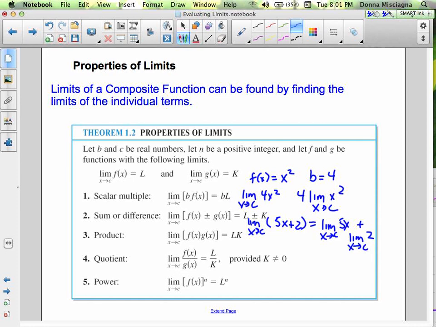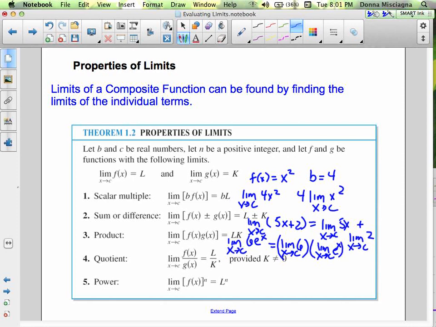Product. So if I have the limit of a product, that's the same as the product of the limits. So for instance, if I had the limit of 6e to the x as x approaches c, that would be the same as the limit of 6 as x approaches c times the limit as x approaches c of e to the x.